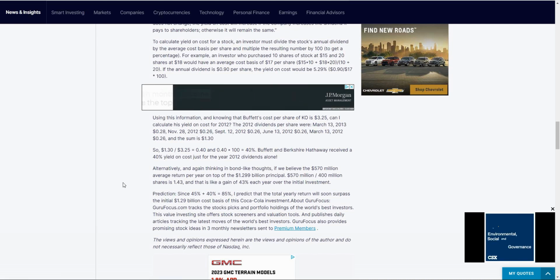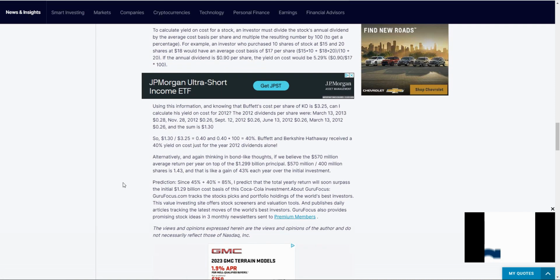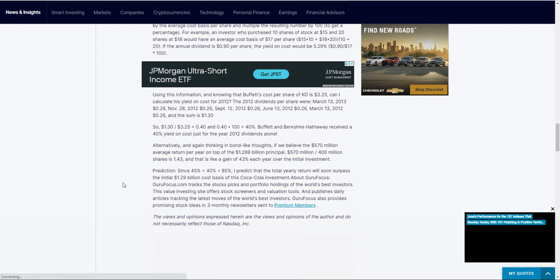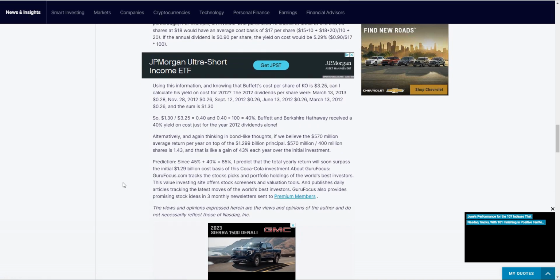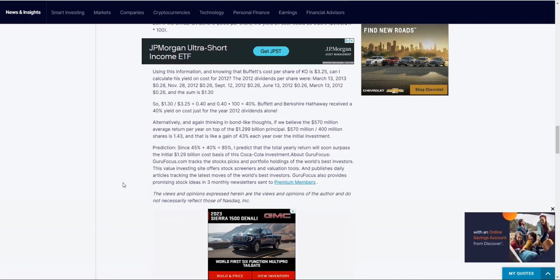You're not only collecting $40,000 a year in rent, which would be incredible on your initial investment of $100,000, but the property itself could appreciate in value too, and you can get gains there. So it's very powerful what yield on cost can do for you over time if you let dividend growth work for you.